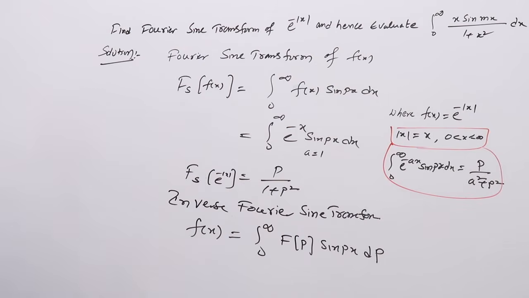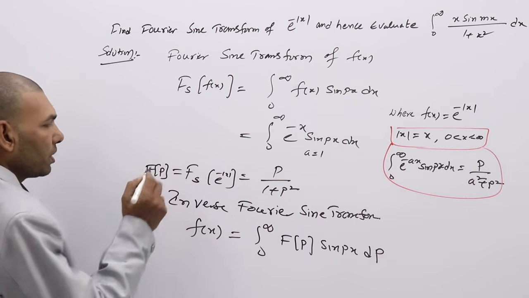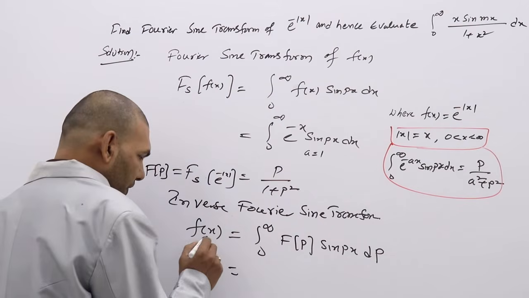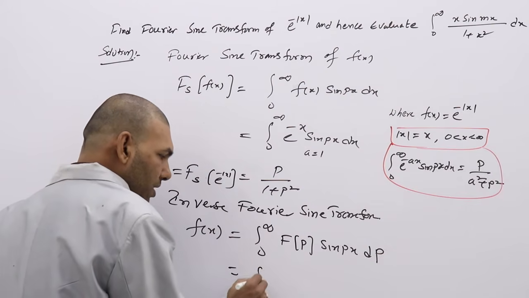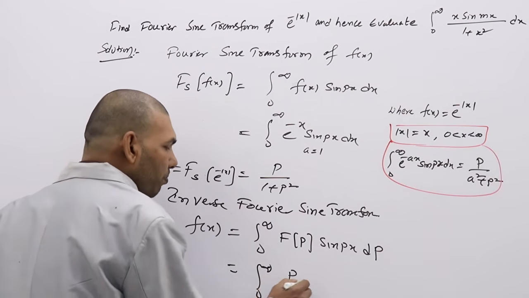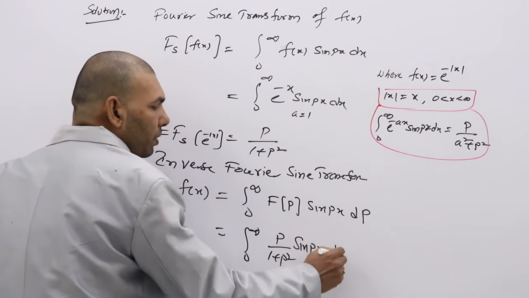Now write in the place of f of x e power minus mod x, and integral 0 to infinity of p by 1 plus p square sin px dp.